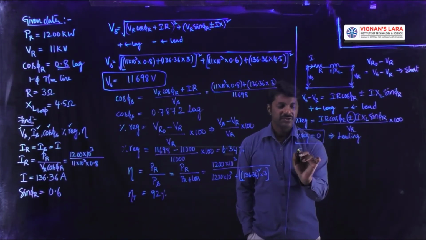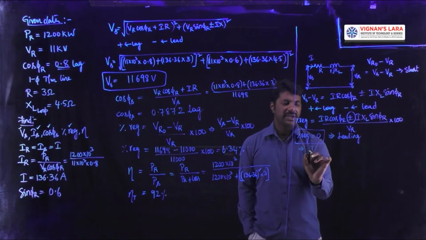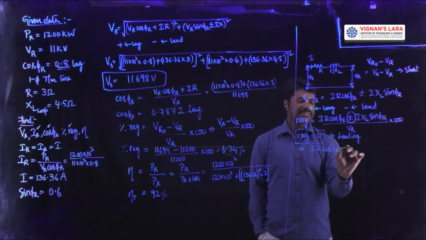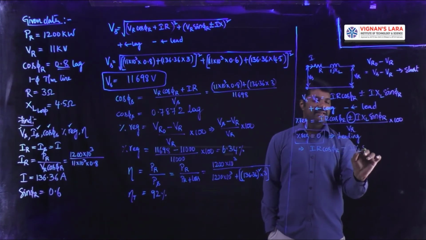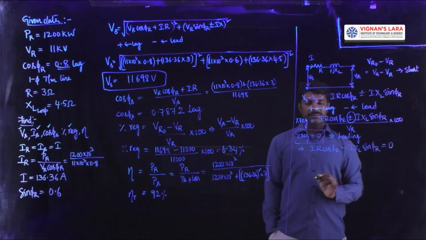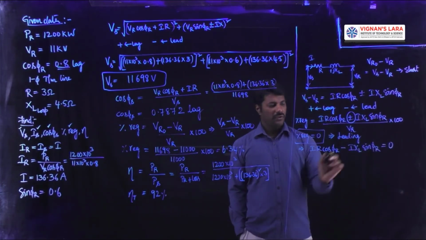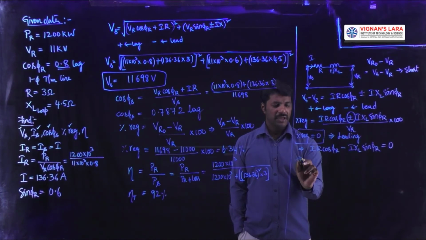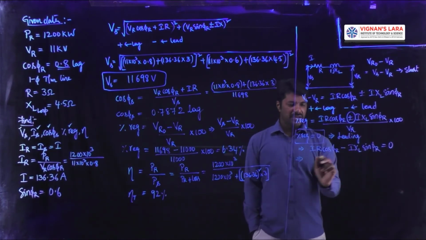Thereby, for zero voltage regulation, the condition is IR cos phi R minus IXL sin phi R equals 0. That is the meaning of zero regulation. Sending the negative part to the other side makes it positive, and I cancels out on both sides.